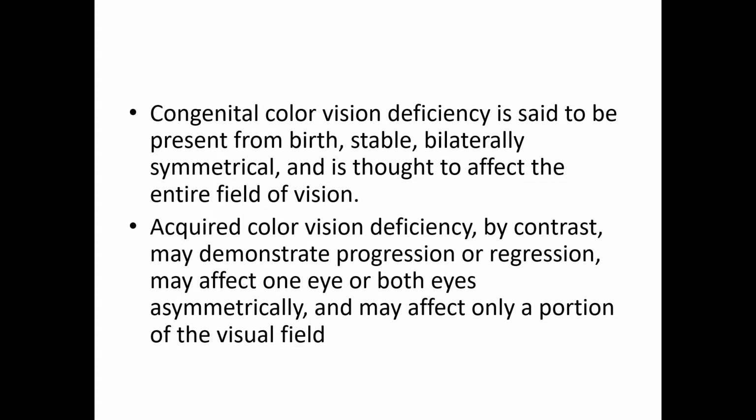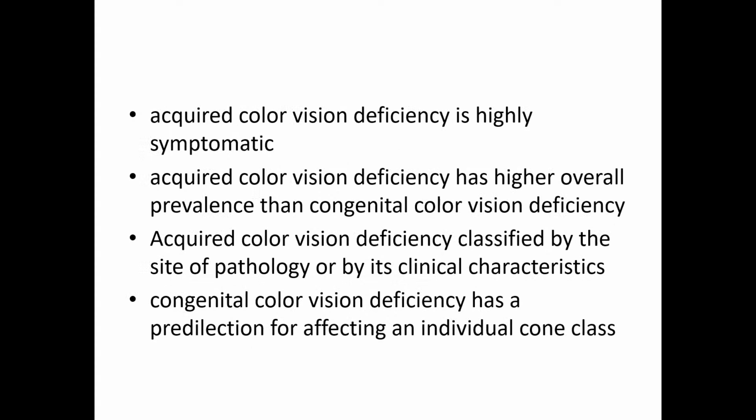Congenital is bilaterally symmetrical, whereas acquired may affect one or both eyes asymmetrically. Congenital color vision deficiency is thought to affect the entire visual field, whereas acquired color vision deficiency may affect only a portion of the visual field.